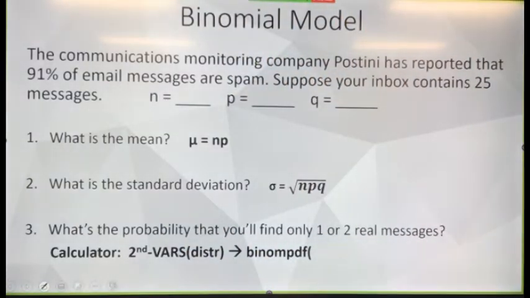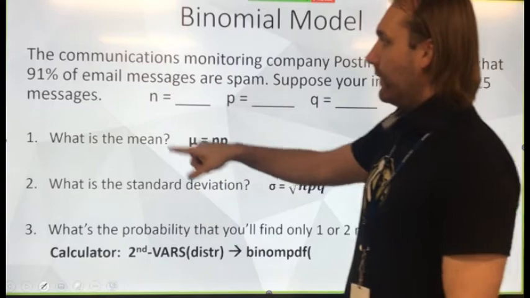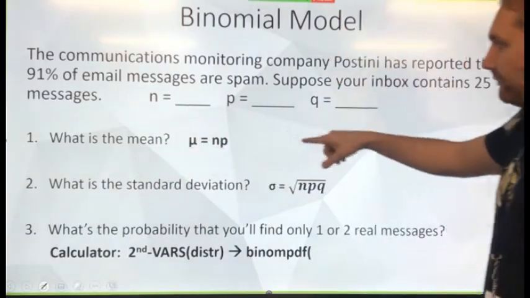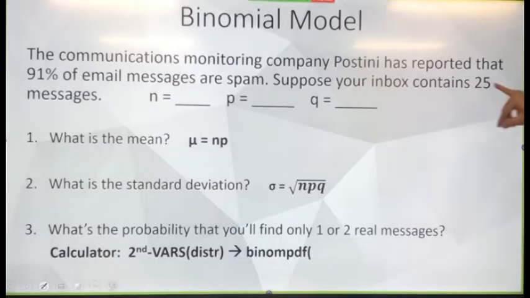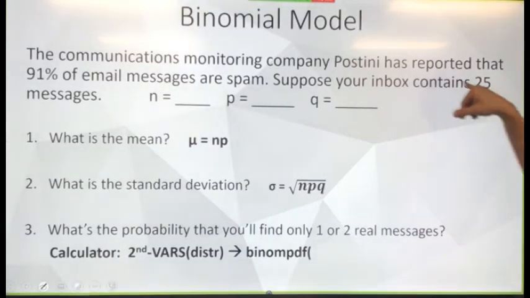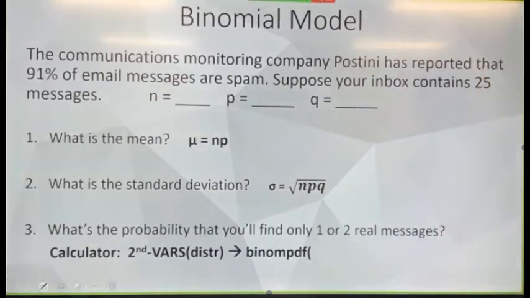The communications monitoring company Postini reported that 91% of emails are spam. So the same example as yesterday. Suppose your inbox contained 25 messages. Now instead of geometric, where we figured out how many emails come in until my first real email, I have 25 emails and I'm seeing how many of those are actually real and not spam.